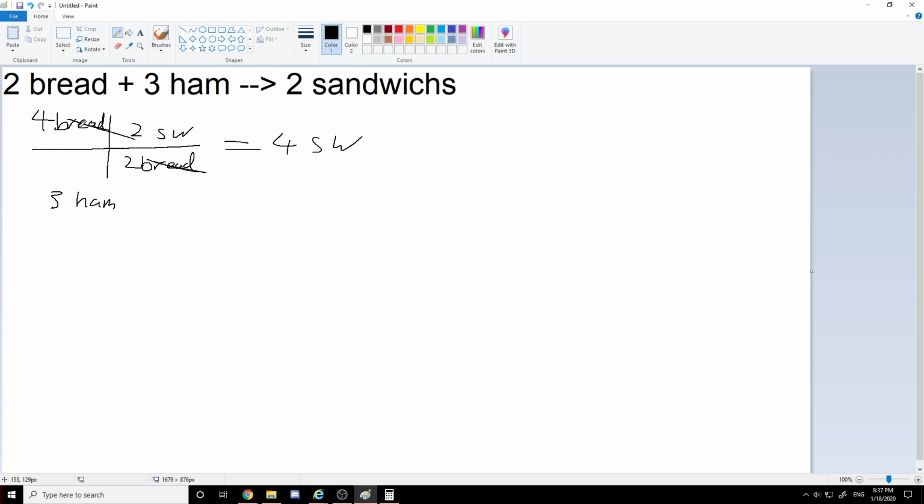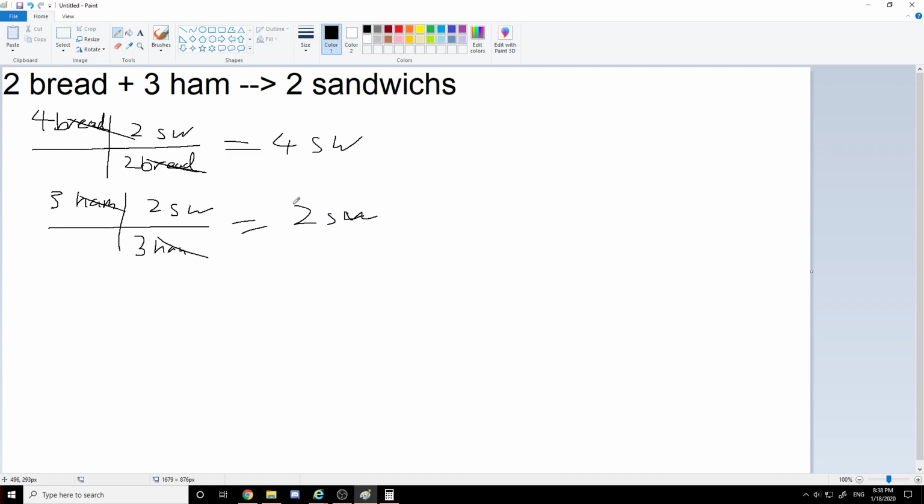We know 4 slices of bread can make us 4 sandwiches, but how many sandwiches can 3 slices of ham make? You would say two. Doing the math, for every 3 slices of ham, we make 2 sandwiches. You cancel out the units, so at the end we can only make 2 sandwiches.